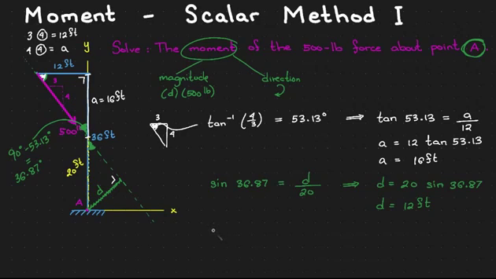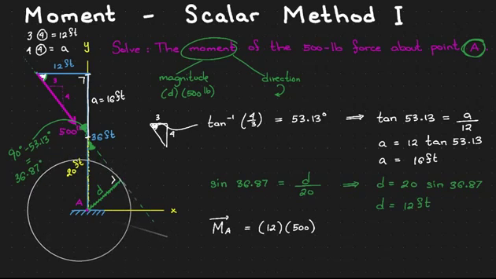So moment about point A is a vector, and the magnitude is equal to 12 feet times 500 pounds. For the sense of direction, you want to think of that imaginary circle again and ask yourself, how does that 500 want to rotate around that circle about point A?